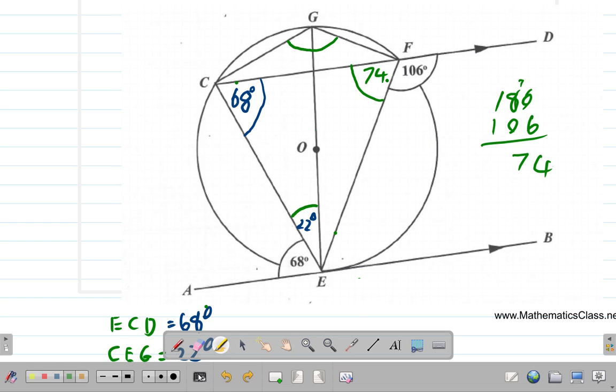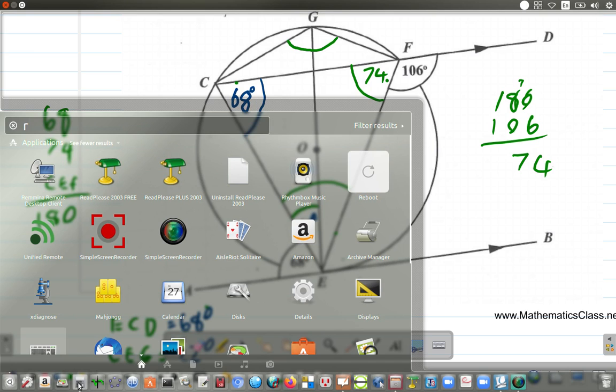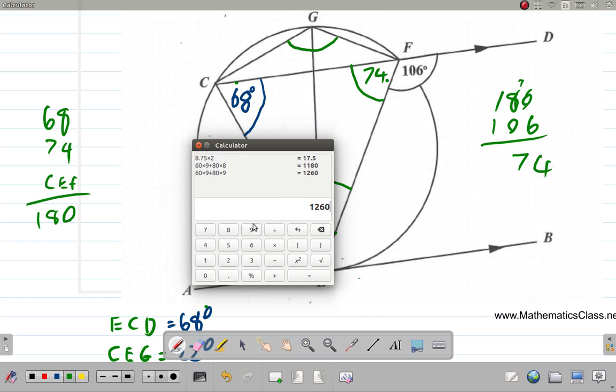The 68 plus the 74 plus the angle CEF equals 180. So if we add the 68 and the 74, we get 142. 180 minus that, you have 38.